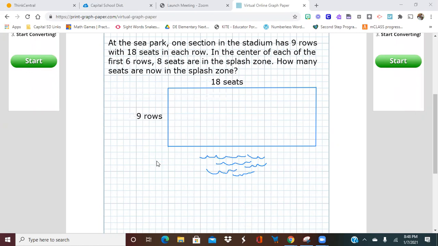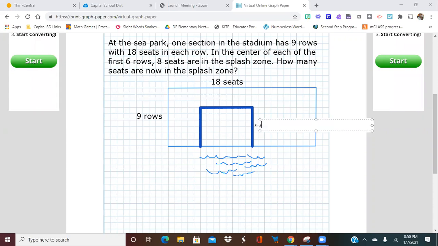I want to know in the center of this splash zone, okay, how many seats are there? The center of the splash zone, it's telling me, is the first 6 rows and 8 seats in each row. Okay, so probably the center 8 seats is what it is. Okay, so we're going to add that into our picture. We're going to add that splash zone of 6 rows and 8 seats in each row. So now I've drawn my picture of my splash zone.